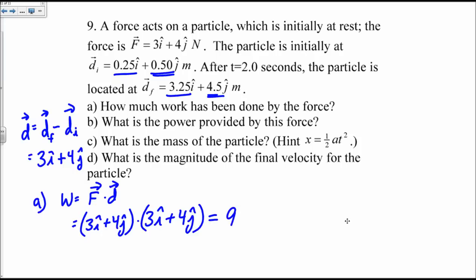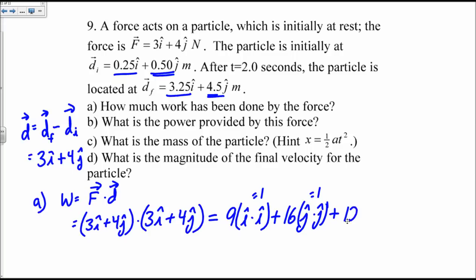I'm going to have 9 I dot I plus 16 J dot J. Remember, I dot I equals 1, J dot J also equals 1. I have other terms, I'll write them here, but you don't normally write them.